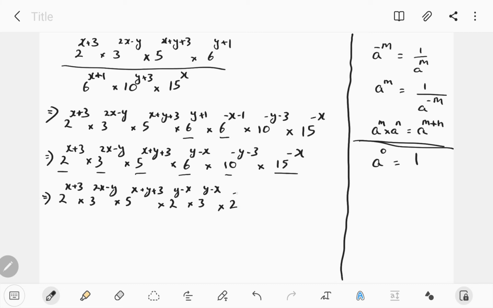Same way, 2 power y minus 3 into 5 power minus y minus 3. Same way, 3 power minus x into 5 power minus x.